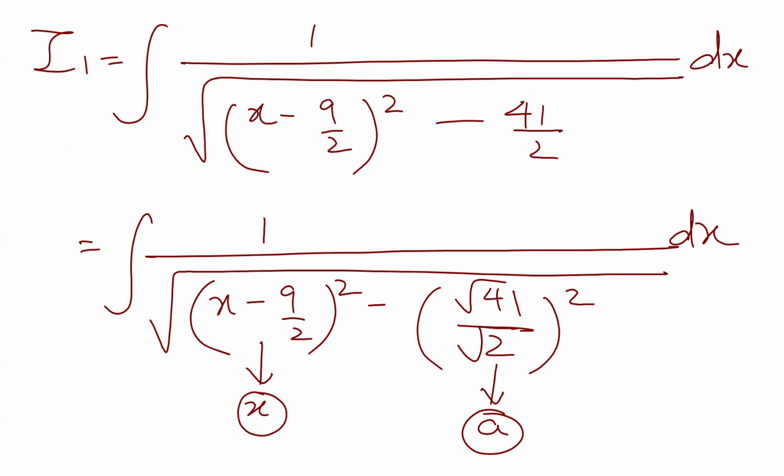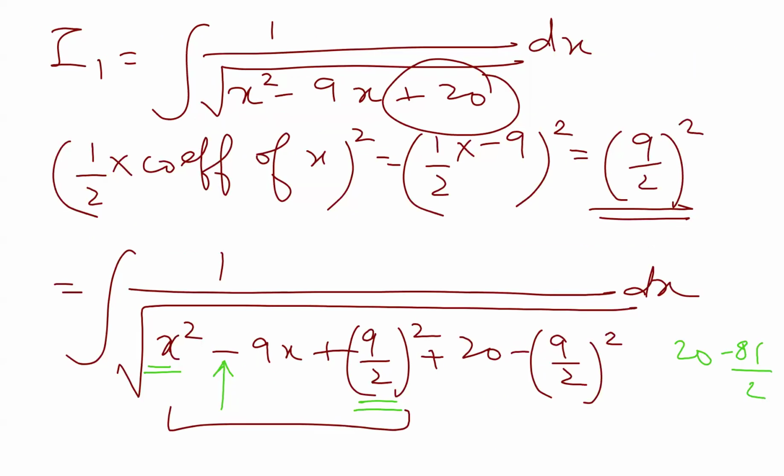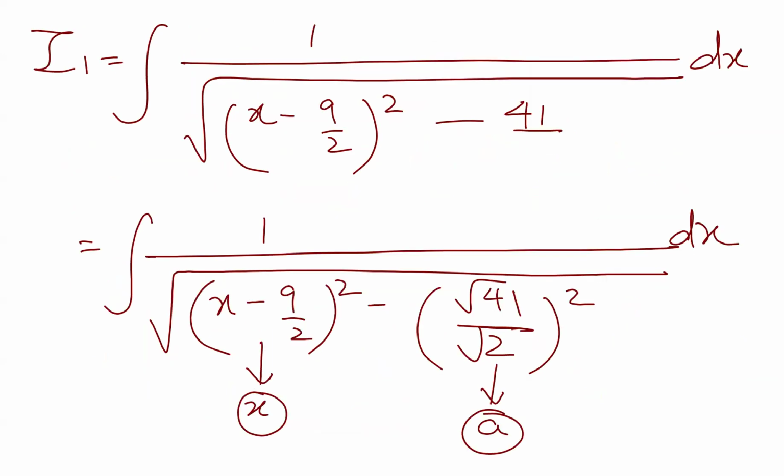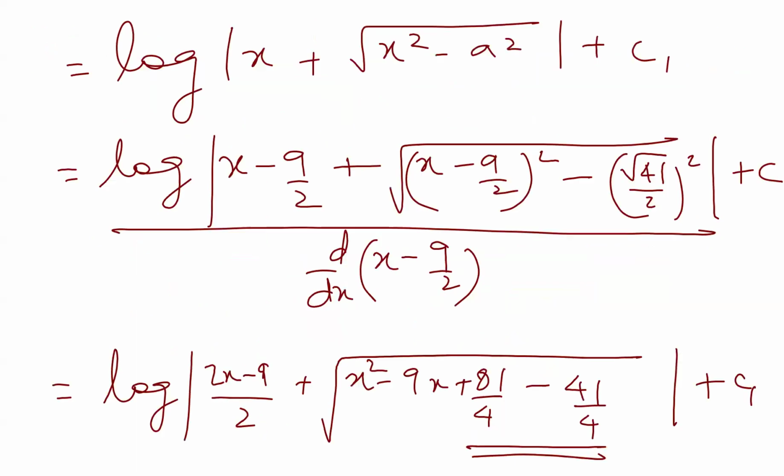Just a second. No, it's minus 41 by 4 only. Correct. Minus 41 by 4. This cannot be root. This is 2. So 41 by 4.